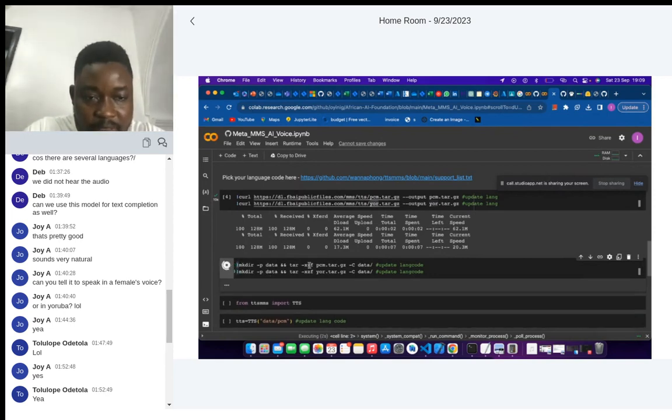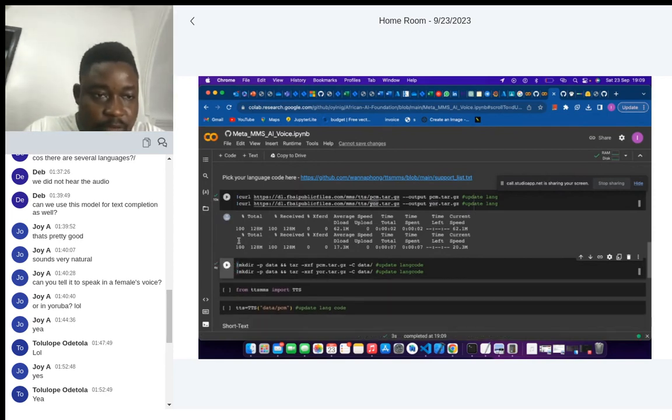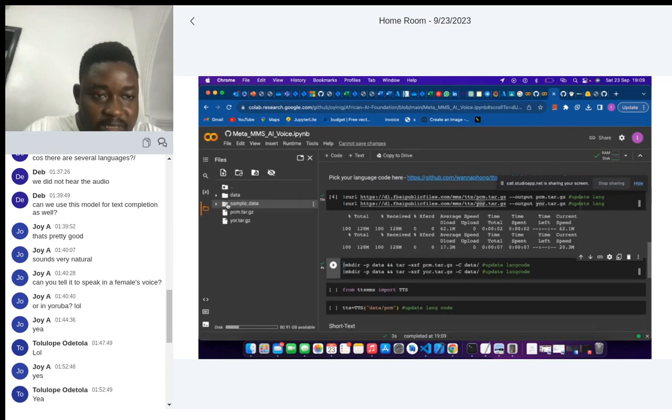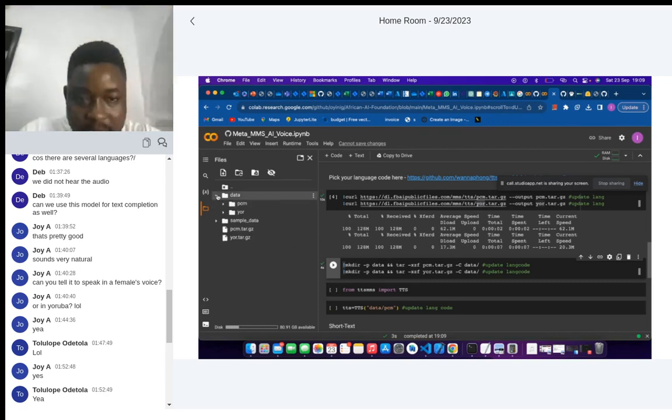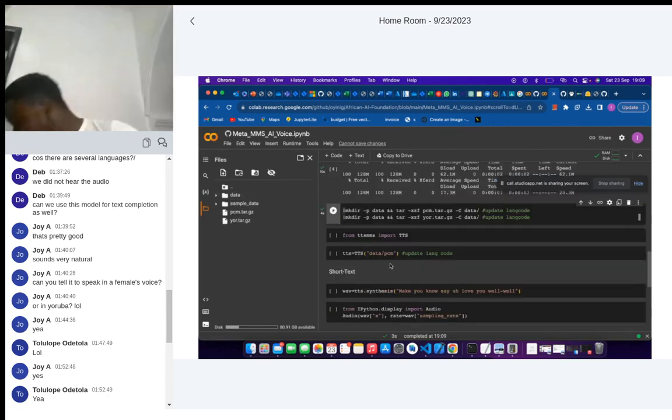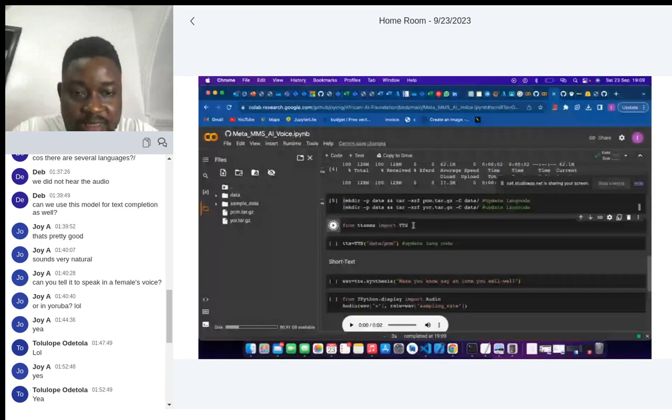So we're making the directory data and then we're unzipping. If you come here, you should see data and then you can see PCM and then Yoruba. Those are the model weights and files for the two languages, right? So now we import the library that Facebook released.